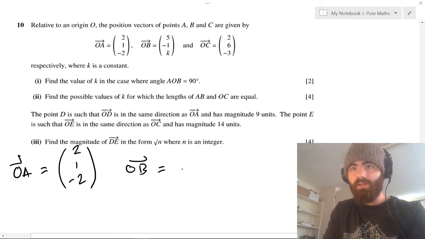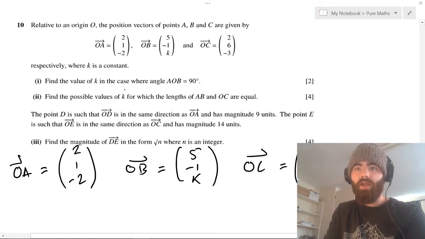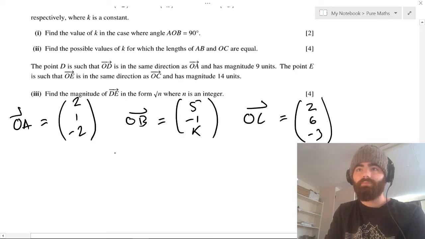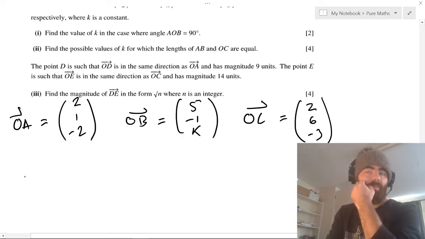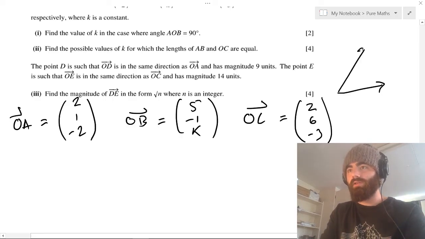OB is equal to 5, negative 1, k, where k is a constant, and OC is equal to 2, 6, negative 3. Find the value of k in the case where the angle AOB is 90 degrees. Seems like they always ask you a question like this.